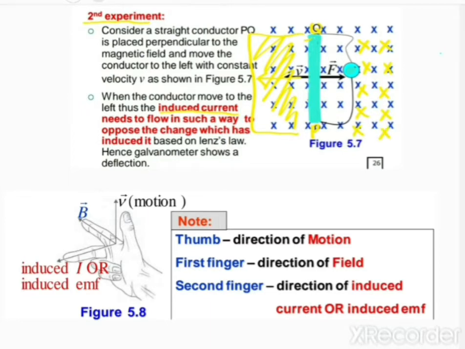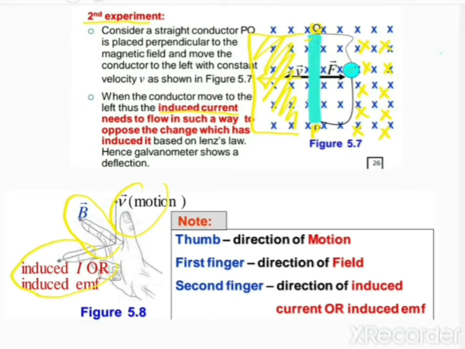To determine the direction of induced current through the conductor, we can use Fleming's left-hand rule, where the thumb represents the direction of motion, the first finger is the direction of field, and the second finger refers to the direction of induced current.